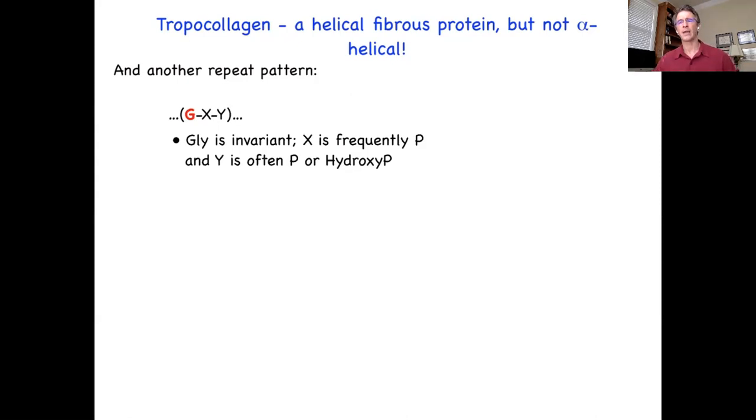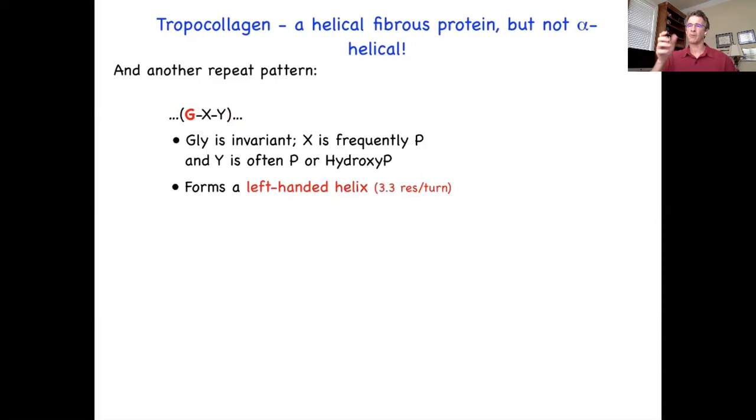Now that's not going to make an alpha helix. All that proline, that's not going to be able to make a beta sheet either. What this simple repeating pattern does, though, is it forms a helix, but it forms a helix that's very similar to a polyproline helix. In fact, it forms a left-handed helix with a helical repeat of about 3.3 residues per turn, so slightly more than that repeat per turn.